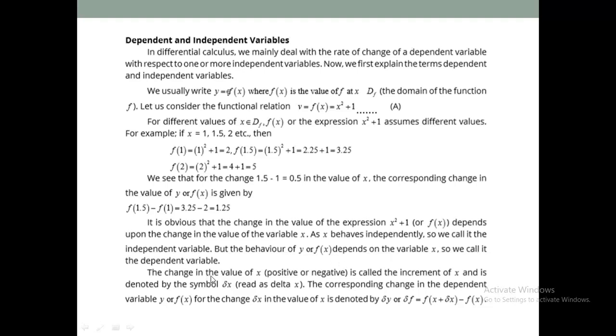The change in the value of x is called the increment of x, denoted by the symbol delta x, and the corresponding change in the dependent variable y is denoted by delta y. Change in x is called delta x and change in y is called delta y.